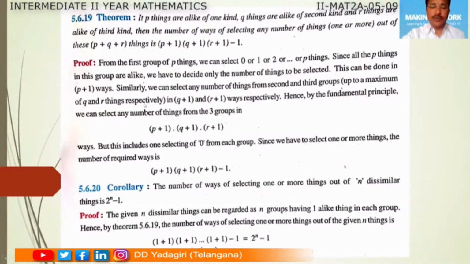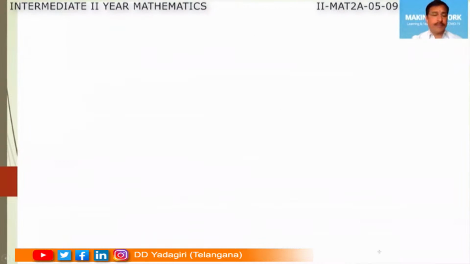Before going to prove this theorem, we have to know one concept. That is, the combinations that can be made when distinct things are given, and when similar things are given.